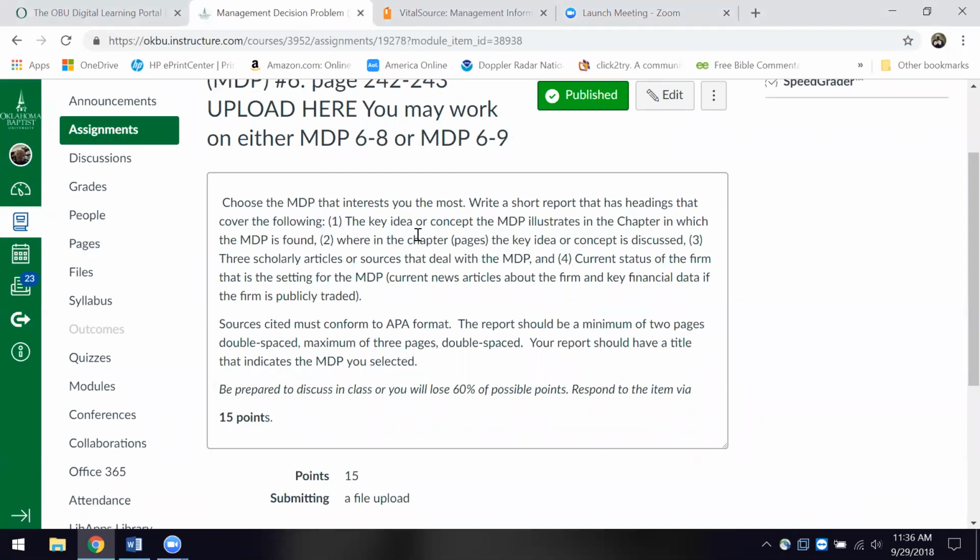If you want to know how you ought to organize your paper, your response, like I want headings, bullet points, whatever, here it is. Number 1, number 2, number 3, number 4, and then your sources. Organize your response like that. Provide some sources in APA format, and you're good to go.